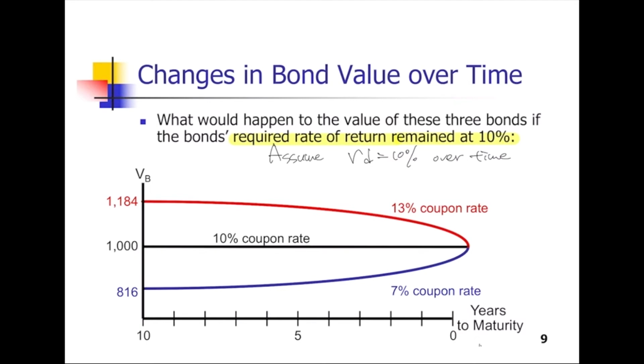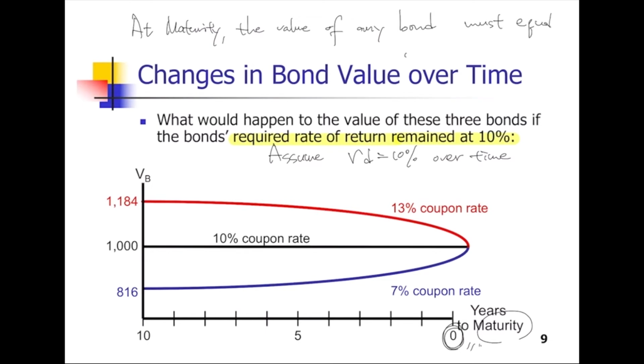But as you can see, the par bond, premium bond and discount bond converge at maturity, right? So at maturity, the value of any bond must equal its par value.